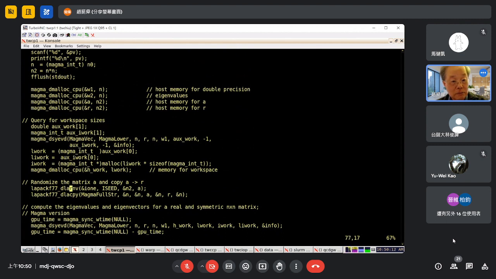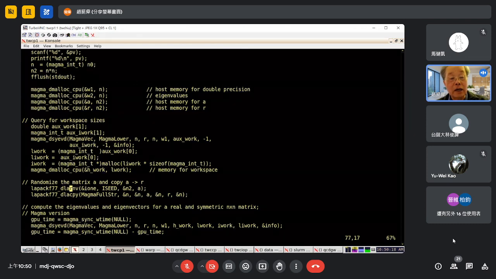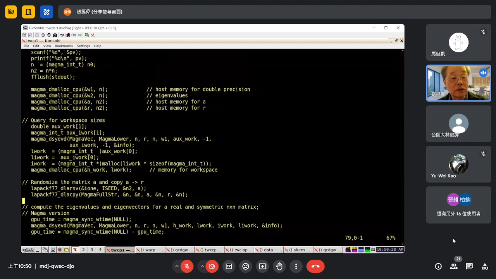Then we randomize the matrix A, and then copy the matrix from A to R. So this generates the random matrix.